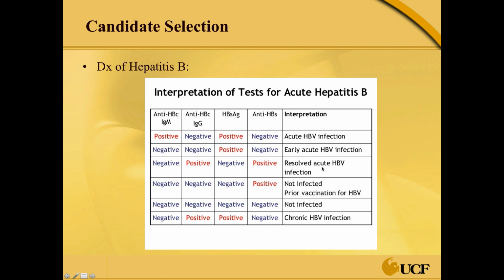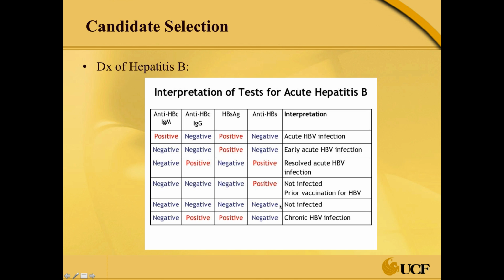If they've got resolved infection, that means they're going to have a positive anti-hepatitis IgG and the anti-HBs, all right? So that's resolved. If they are not infected or they've been vaccinated, then your HBs is going to be positive, but nothing else.